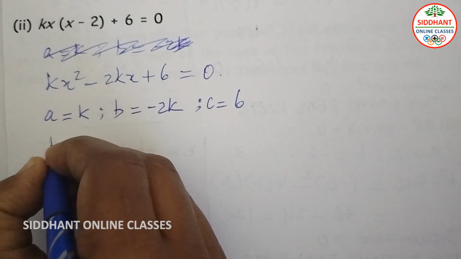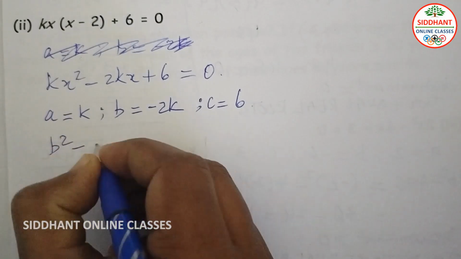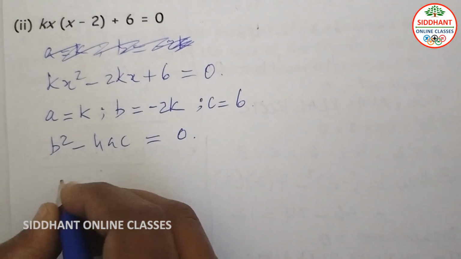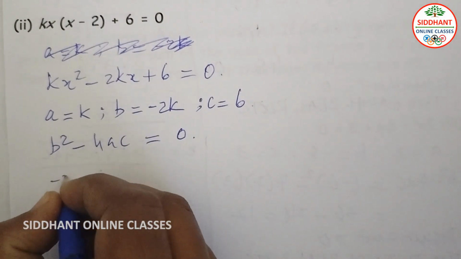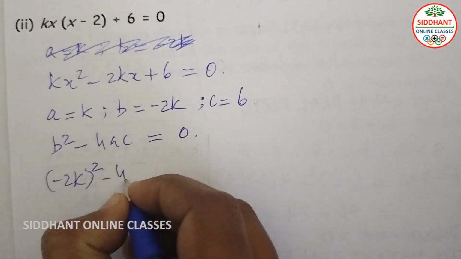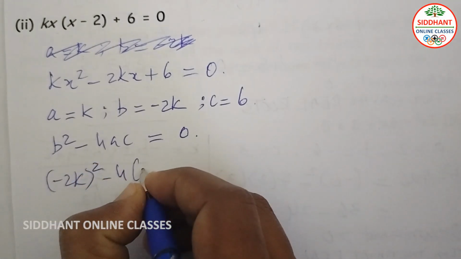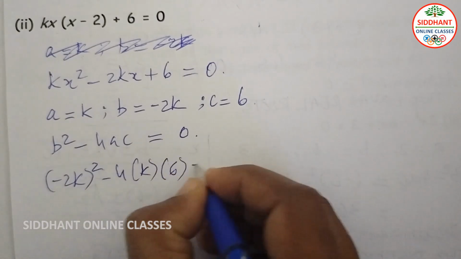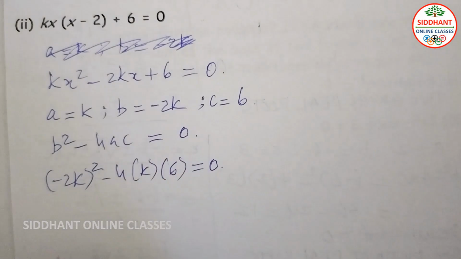So we are going to see that b² − 4ac = 0. b² means (−2k)² − 4 × k × 6 = 0.